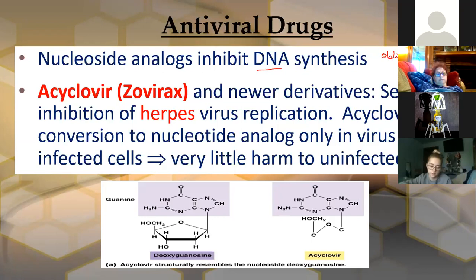So when we target a virus, what is the virus going to do? The virus is going to be inside the cell, and it is going to use our machinery to make the viral protein. When it is a human virus attacking a human cell, it is using our enzymes, our machinery, all of our proteins, all of our stuff.